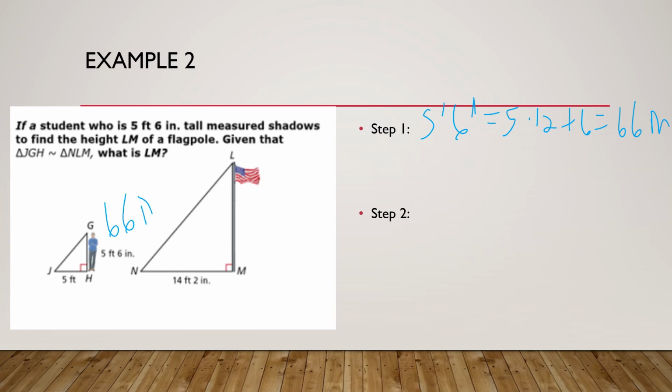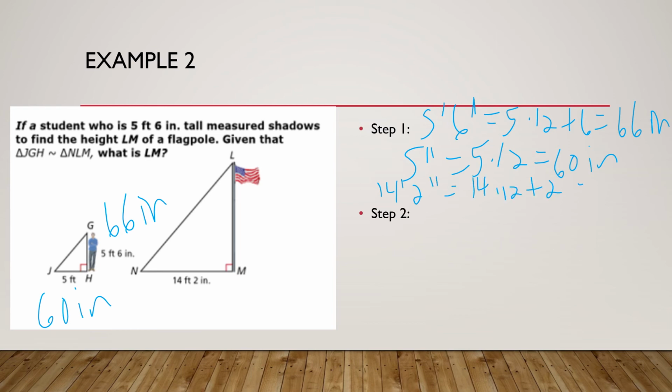For his shadow, 5 feet is just 5 times 12, which is 60 inches. And then the shadow of the flagpole, 14 feet 2 inches, we'd have 14 times 12 plus the 2 extra inches, which would give us 170 inches.